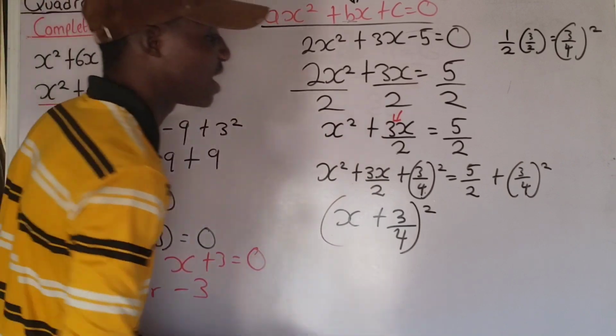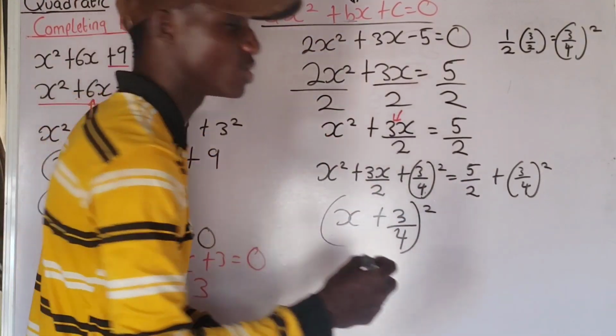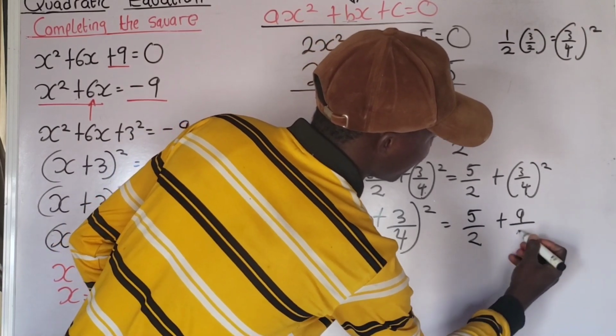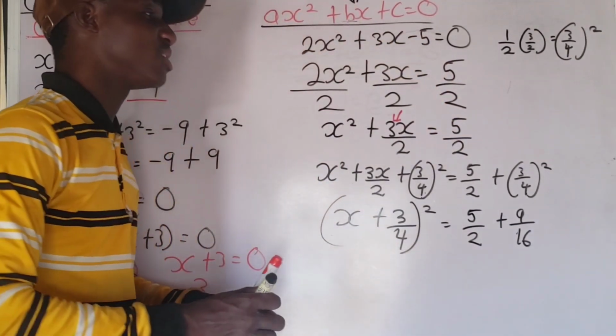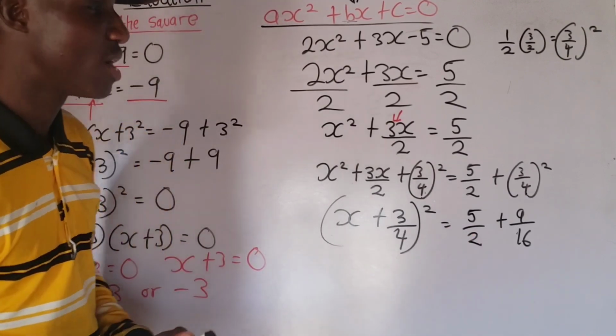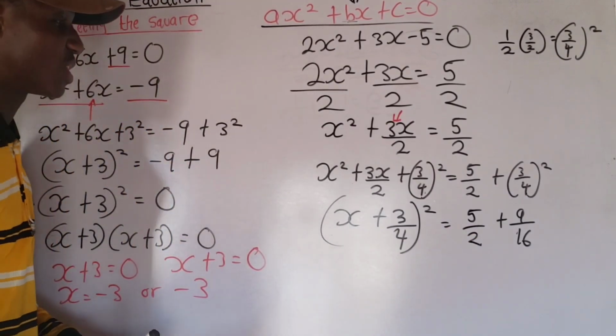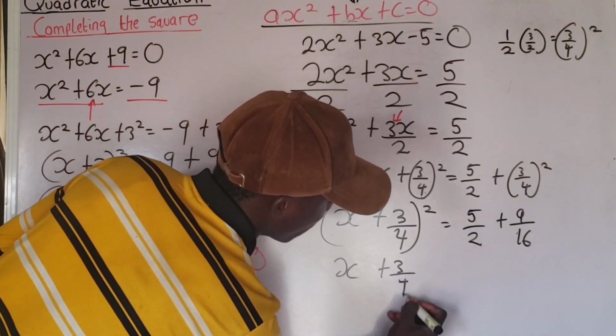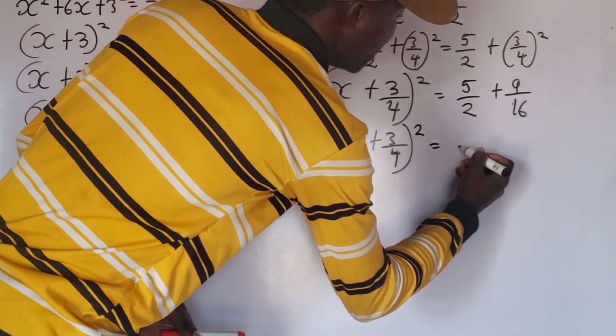Now the other side of the equation can be simplified. So I'm going to have 5 all over 2 plus 9 all over 16, because if you take the square of 3 over 4, 3 times 3 is 9, and 4 times 4 is 16. Here I'm going to have x plus 3 over 4 all squared equals, take the LCM.